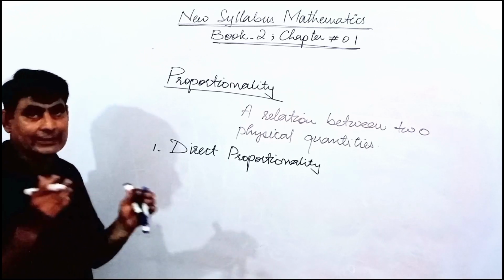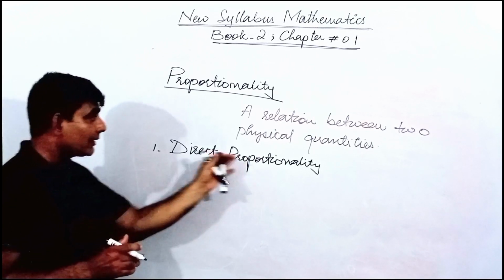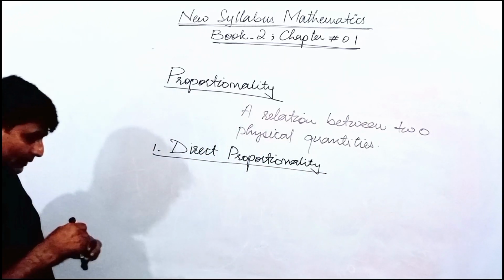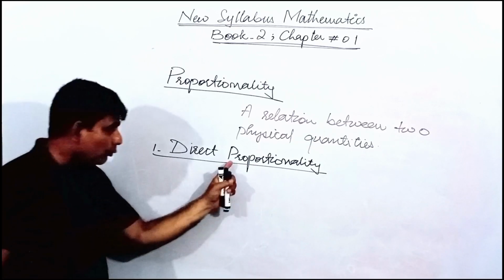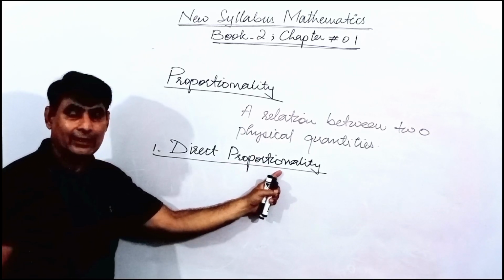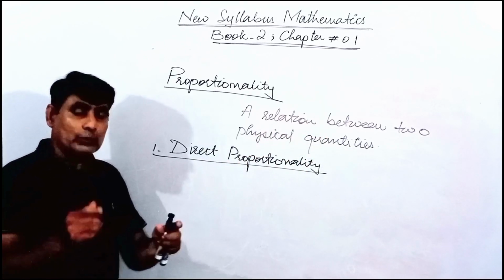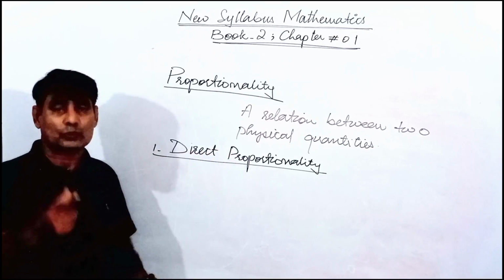So two quantities are direct proportional or inverse proportional. So I consider direct proportionality. Okay, now it is a relation between two physical quantities. The word proportionality defines a relation between two physical quantities. Now we have to define just direct. What is a direct proportionality?